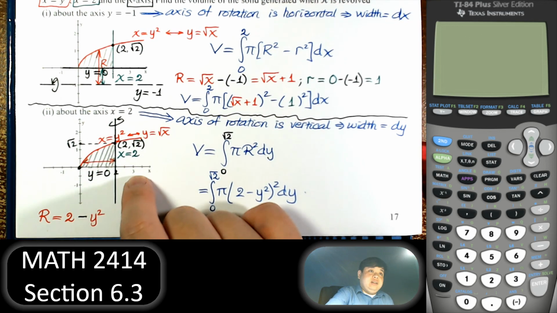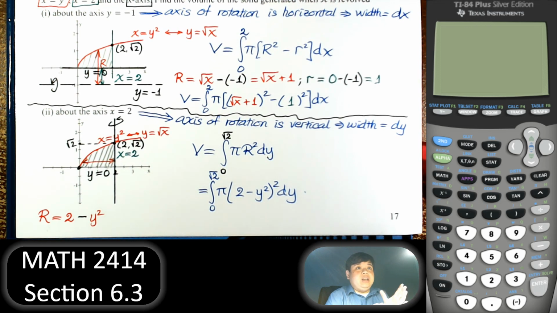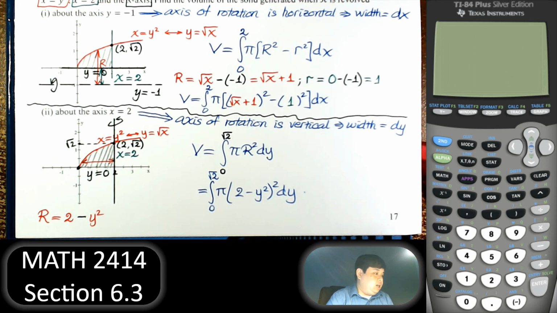And then the big radius or the little radius or just the radius. The radius is always from the axis of rotation to the edge. To the outer edge will be big R, to the inner edge will be little r. In this case, we only have one r. So that is the disk and washer method.